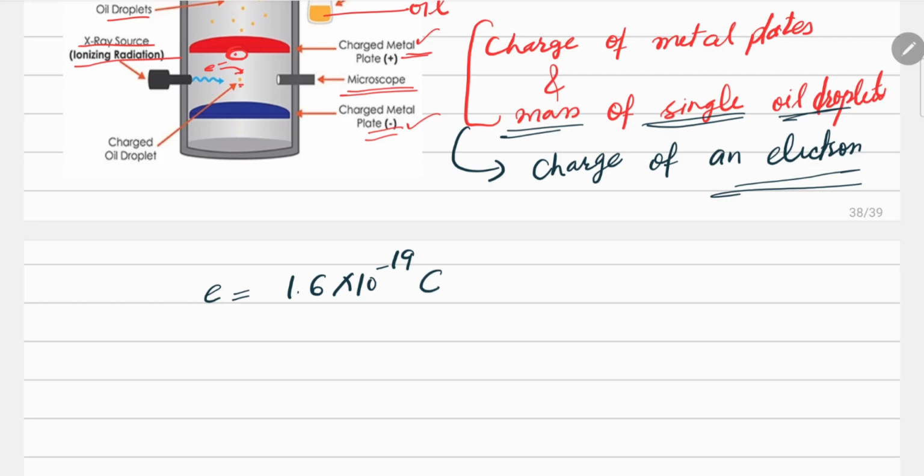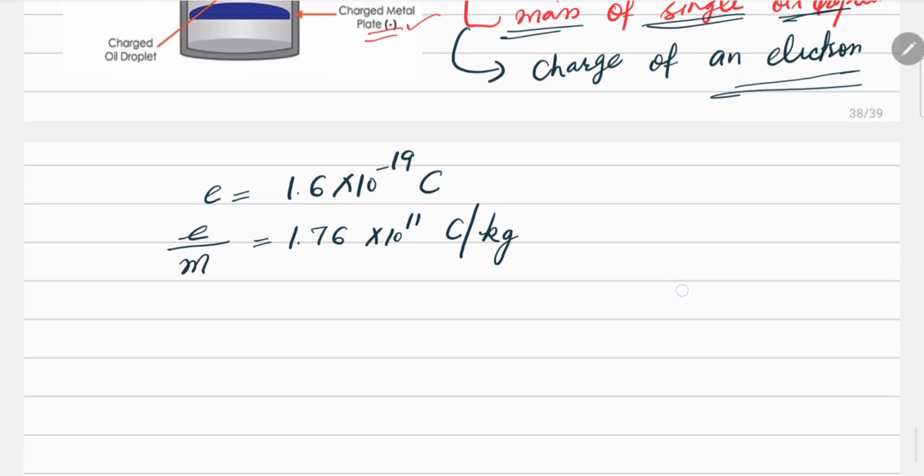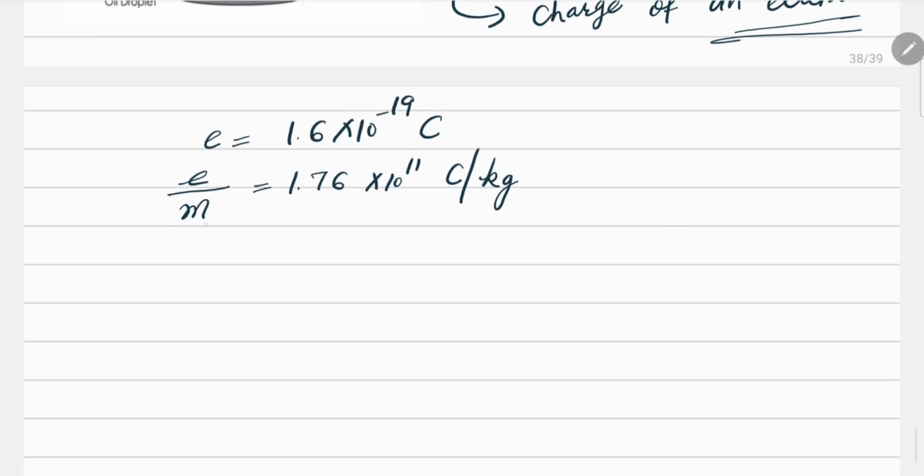He calculated it, R.A. Millikan, and Thomson had already done an experiment showing the charge to mass ratio. That was 1.76 into 10 raised to power 11 coulomb per kilogram. So he needed to calculate the mass.